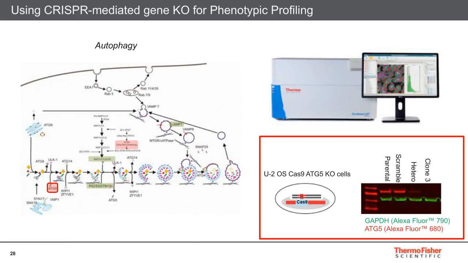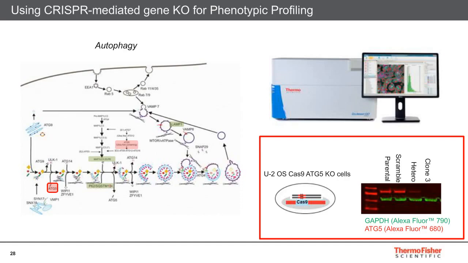Before I get into the further phenotypic assays, let's see what role ATG5, the autophagy 5 protein, plays in autophagy. It's shown here in the complex autophagy process, and it plays a very important or central role in autophagy, especially the formation of autophagosomes.